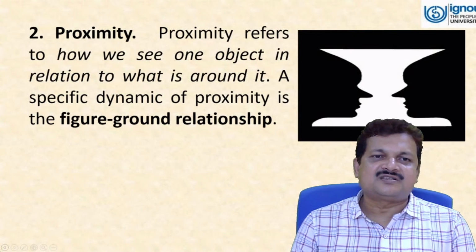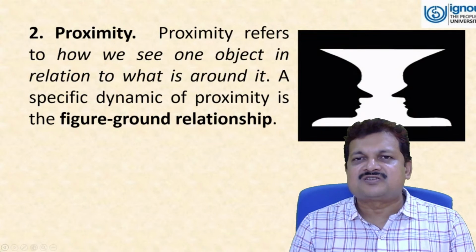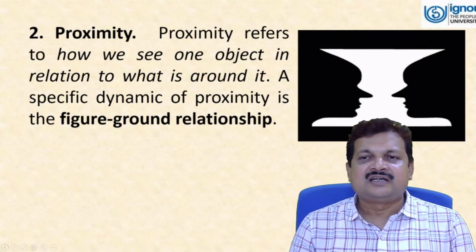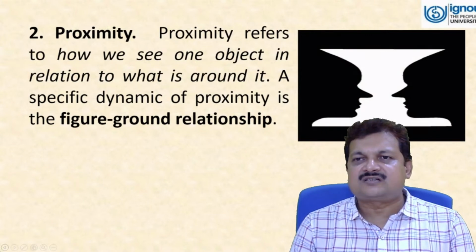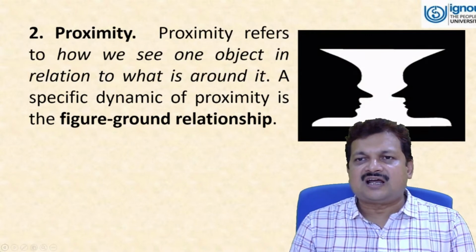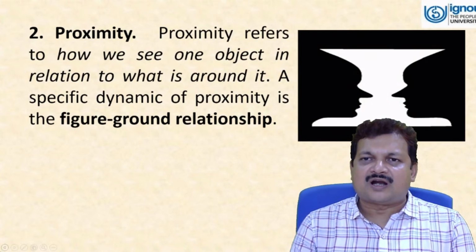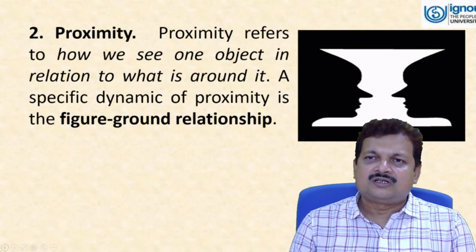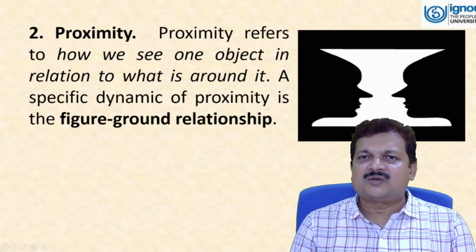If it is a figure-ground relationship, on the right-hand side is a very nice picture where you can perceive it nicely. If I see on the basis of the figure, that is the white color, we can see either a metal, or a form of glass to take water, liquor, or something like that. But if I study only the black part, which is the ground, then I can say that 2 faces are there, 2 faces with 2 long noses.